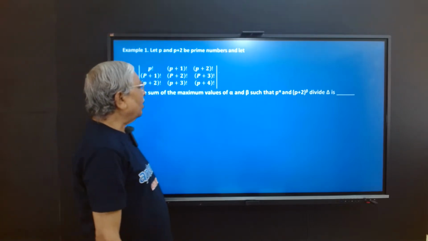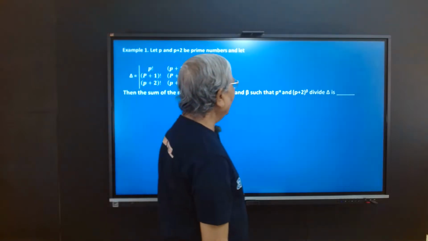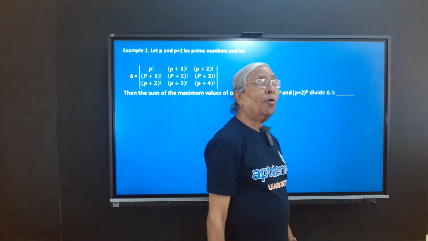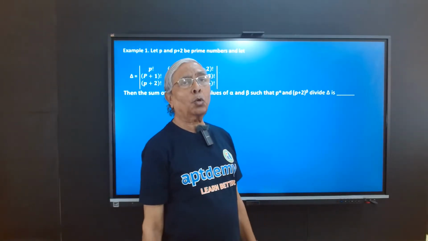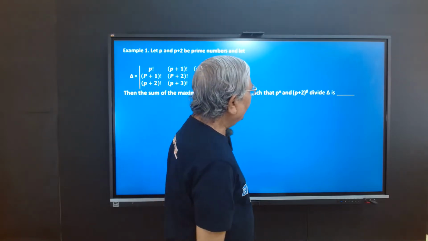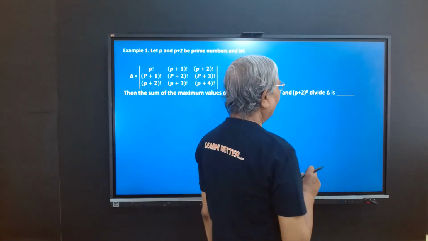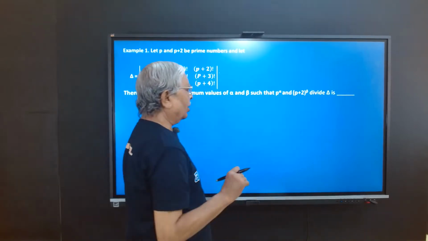Then you have to find the sum of the maximum values of alpha and beta such that p to the power alpha and p plus 2 whole to the power beta divide delta.